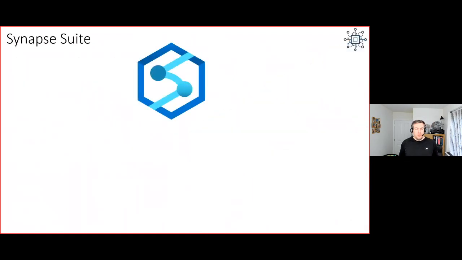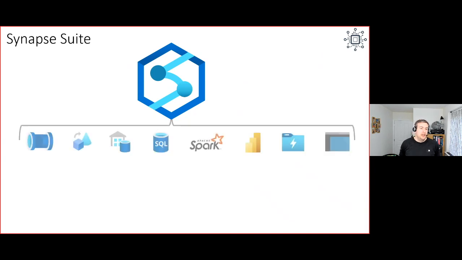So when we talk about this Synapse suite of services, this is now the picture that I like to use. I've got those components in there that we hopefully understand, and I've added my data flows in here as well now, because I think that's an important one to call out as an individual thing.